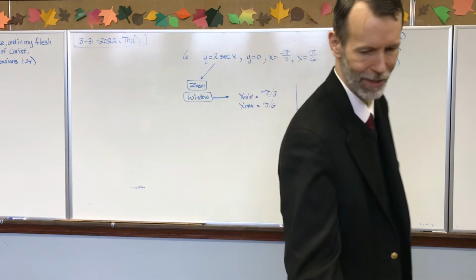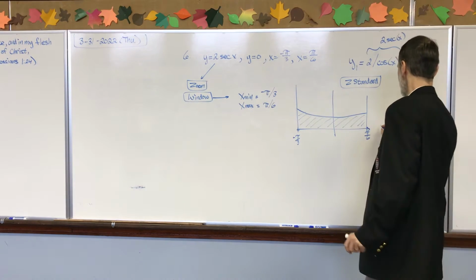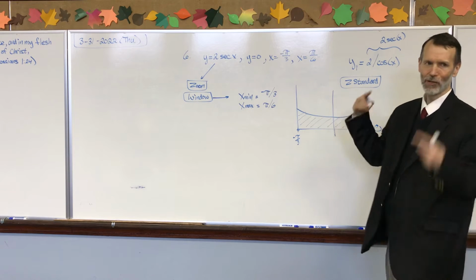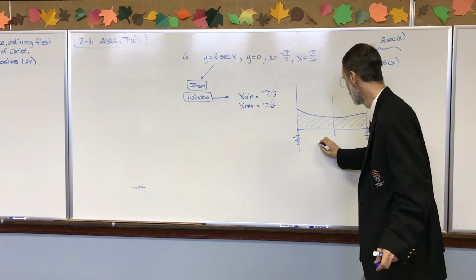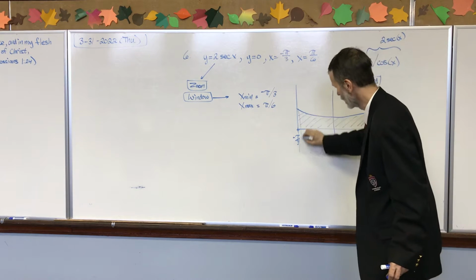Look at the instructions for problem number 6. Which axis are we spinning this thing around? X-axis. So it's around this. Does everybody see sort of visually what you're going to get? You're going to get a mirror image here, and it's going to spin like this.